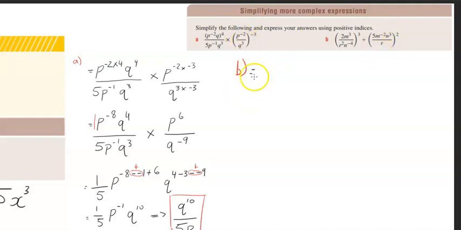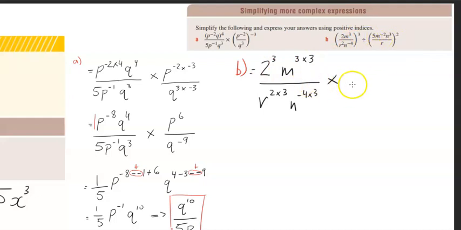So this is going to equal 2 to the power of 3, M to the power of 3 multiplied by 3. This is all over R to the power of 2 multiplied by 3, and N to the power of -4 multiplied by 3. Okay, so we just associated the 3 with everything there, the numerator and the denominator.